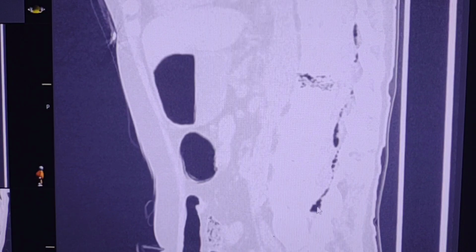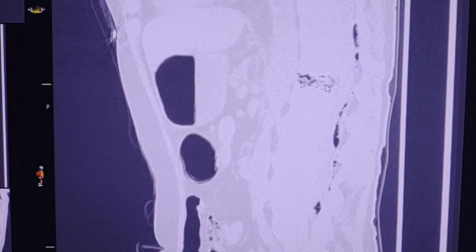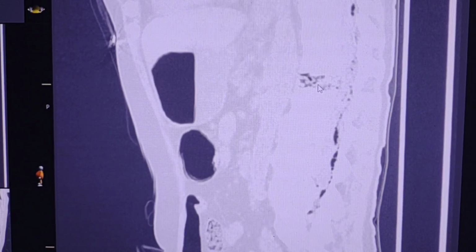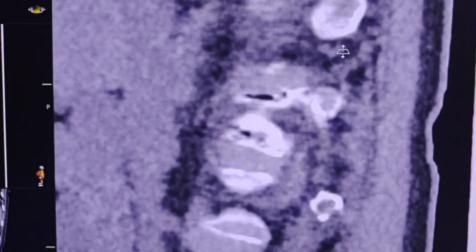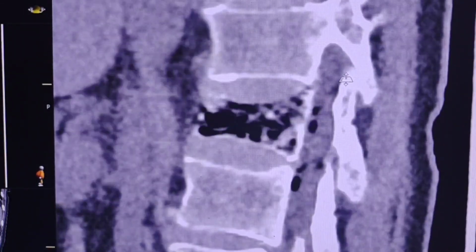In the pulmonary window again, we can see the extension of the intracanal gas bubbles and the intraosseous gas as well in the T12 vertebral body. Zoom in to see the finding better.